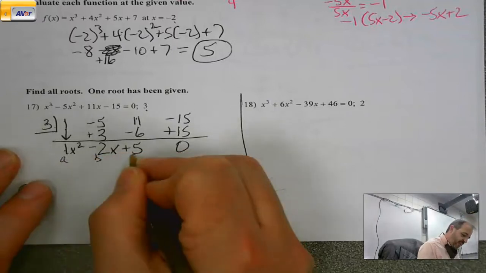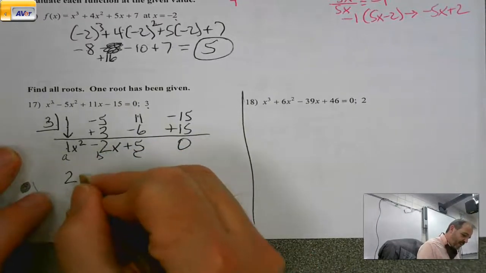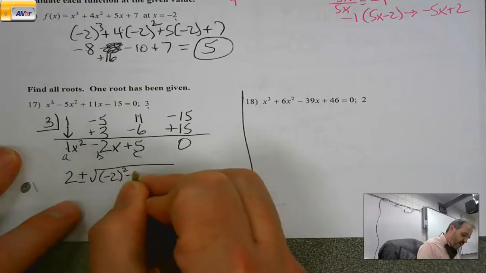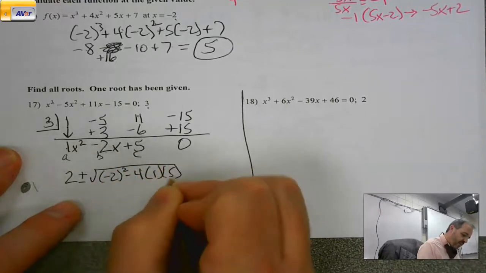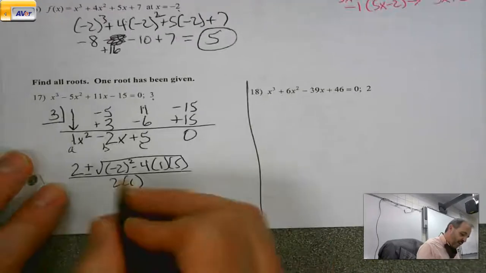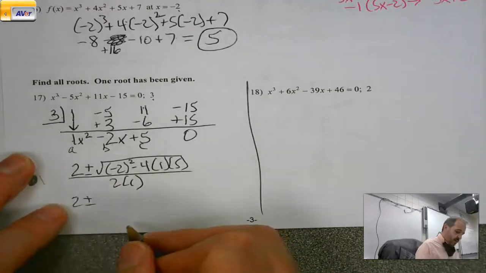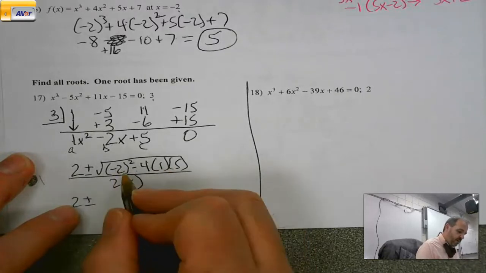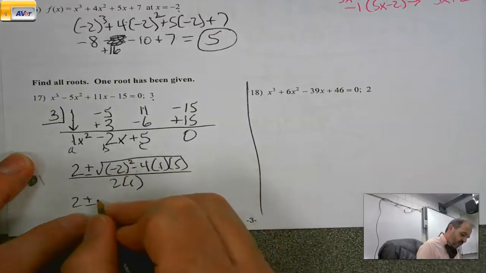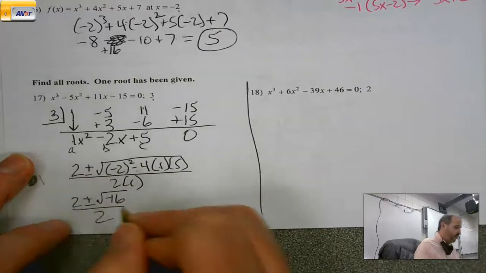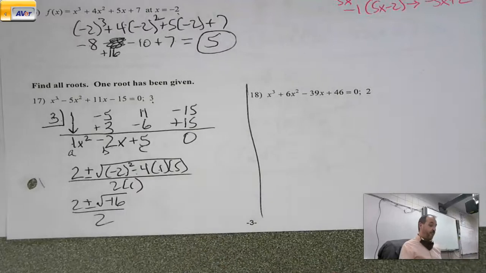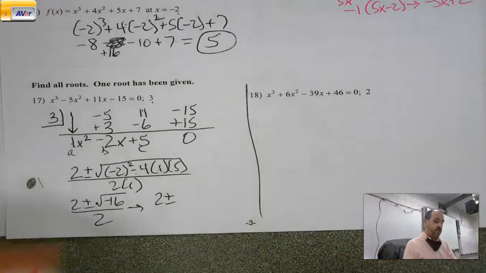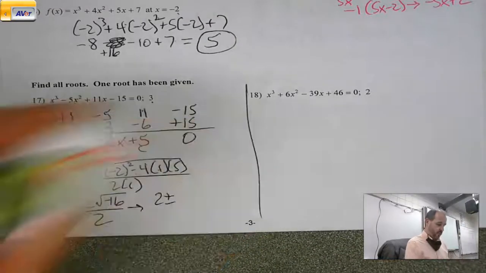A, B, C. Opposite of B, plus or minus the square root of B squared minus 4AC all over 2A. All right, let's see what we get. 4 minus 20. Ooh, this is fun. 4 minus 20. Negative 16. Ooh, I get to bust out my prop. 2 plus or minus, pull an i out.